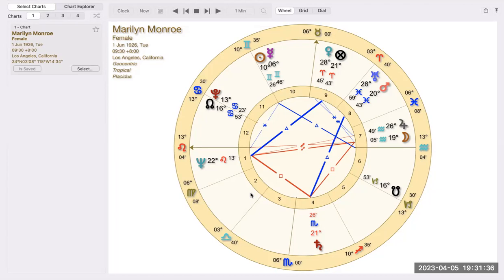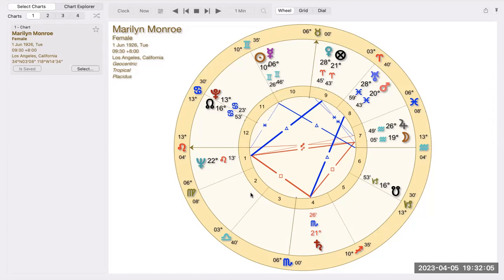What we know is that she's okay there by sect, so by night and day she's okay there. By temperature, not so much, and by gender, not so much. So it's not the happiest place in the world for her.